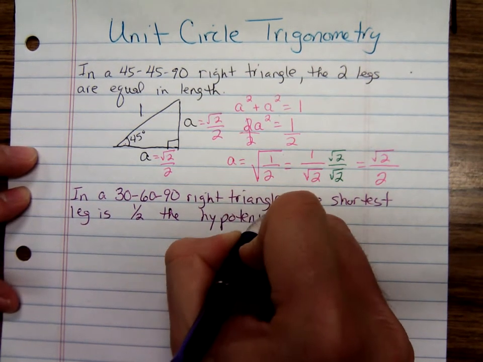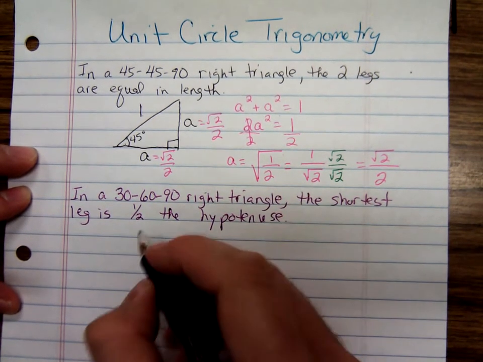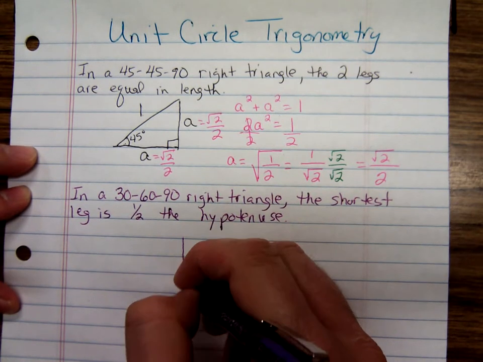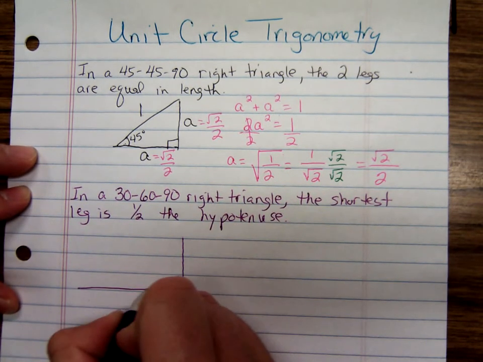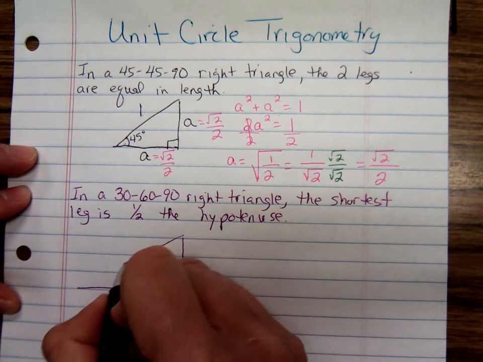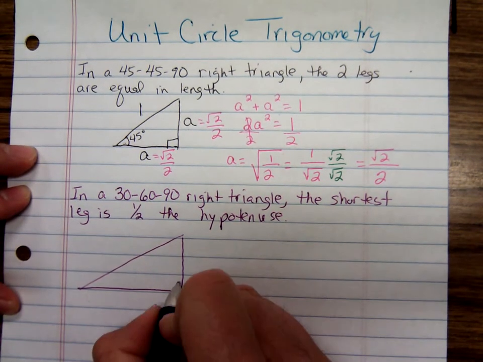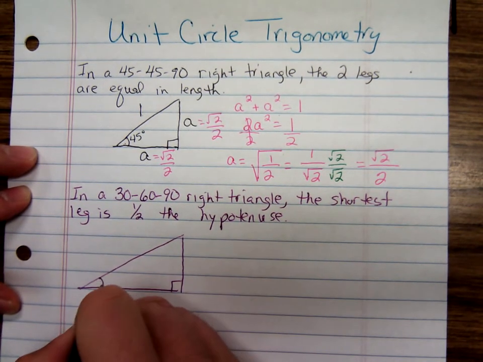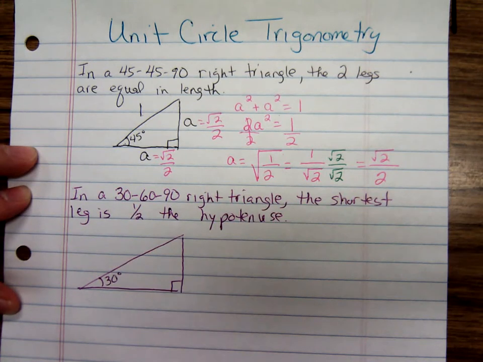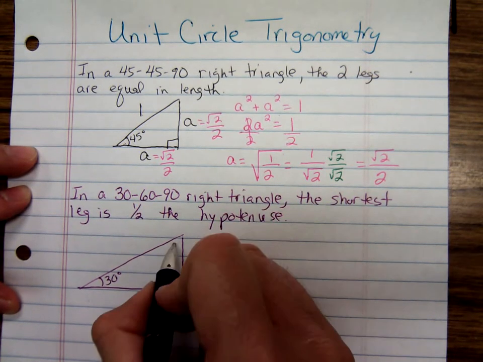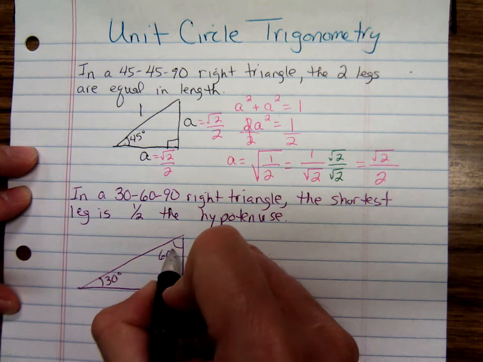Let me see if I can draw something that looks like a 30-60-90. So the smaller angle, 30 degrees. If this is a right triangle, then this one here has to be 60 degrees.